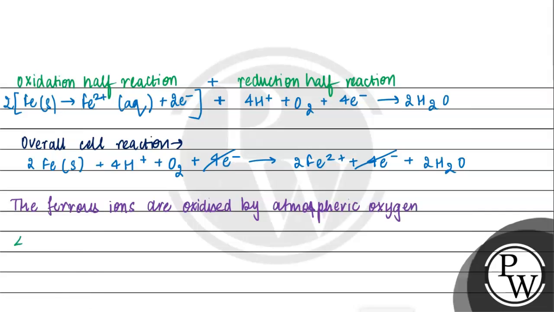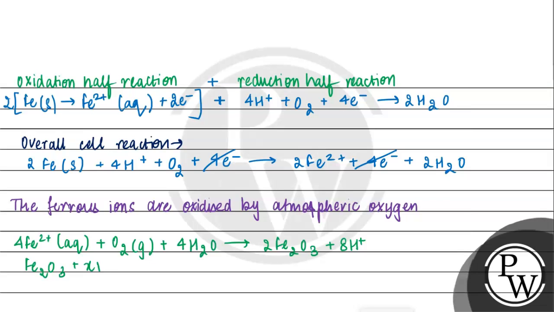तो अब हम इसका केमिकल रिएक्शन लिख लेते हैं, which will be: 4Fe2+ in aqueous state plus O2 in gaseous state plus 4H2O gives 2Fe2O3 plus 8H+ ions. Further, Fe2O3 plus X moles of H2O gives Fe2O3 with X moles of water of crystallization.